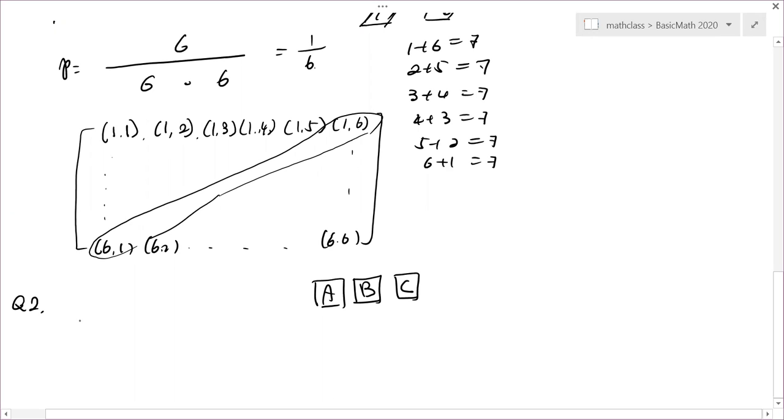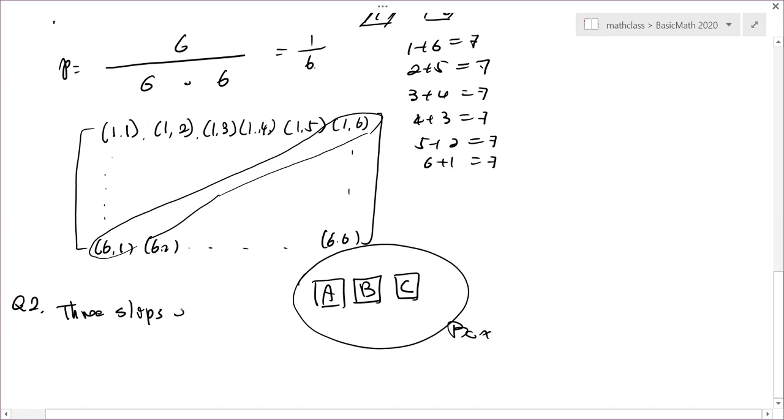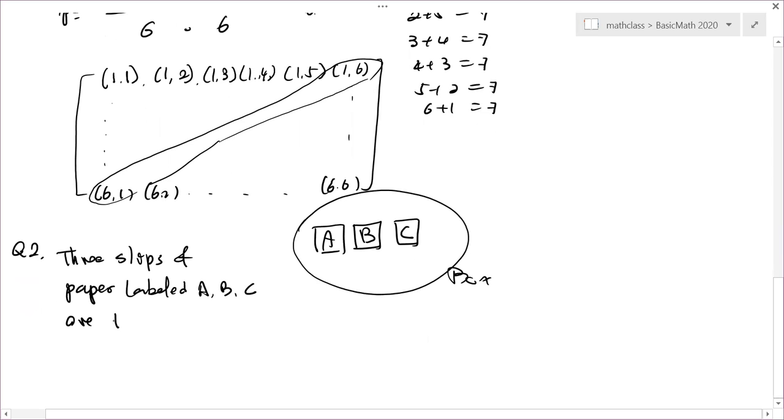That's the question. So they're in the box, inside the box. 3 slips of paper, labeled A, B, C. One at a time.